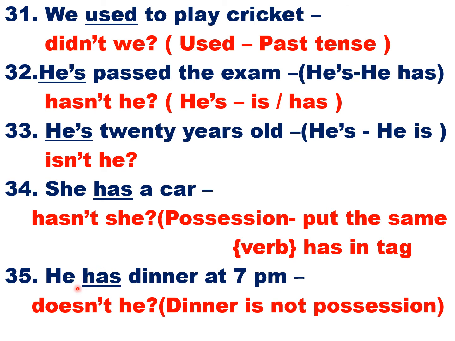But see this sentence, he has dinner at 7 p.m. We must not use this has in the tag. Here this indicates regular activity. This is in simple present tense. So we must use the simple present tense: doesn't he. Positive statement, so negative tag, doesn't he. Dinner is not a possession also.